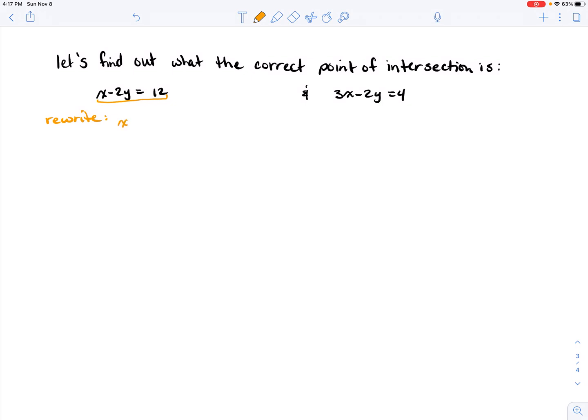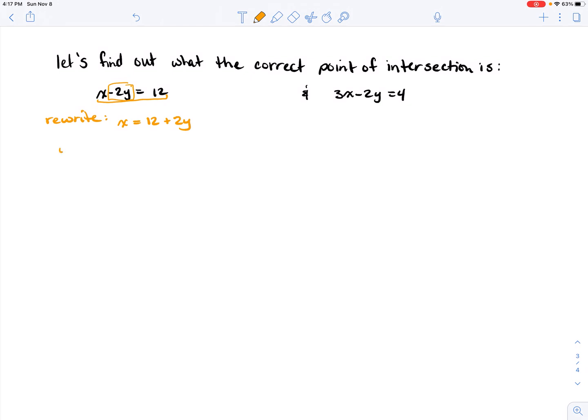So I have x equals 12. So I need to deal with this minus 2y. What I want to do is put a plus 2y on each side, because I want to get rid of it. So I'm just going to erase that here because I'm going to do it the quicker way, and just rewrite it as x equals 12 plus 2y.